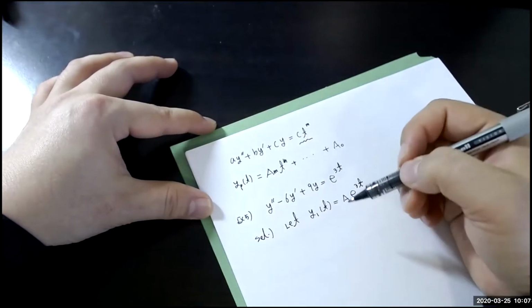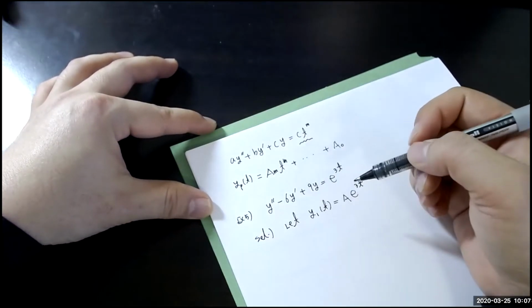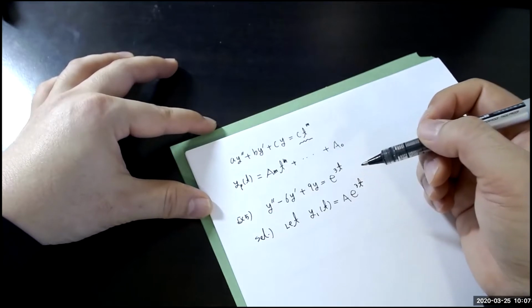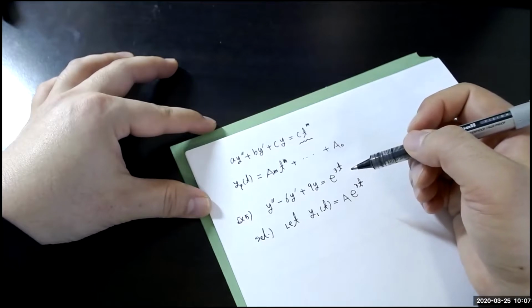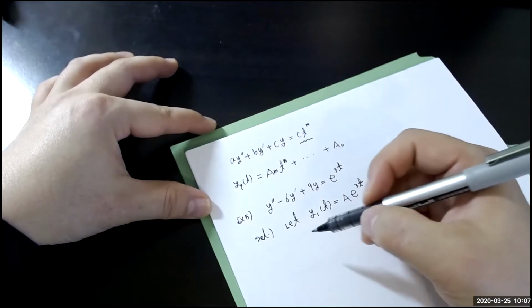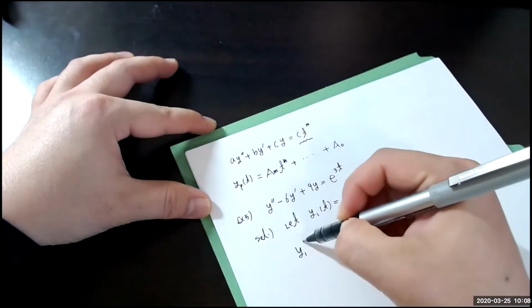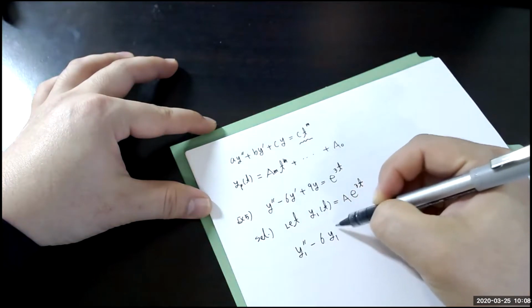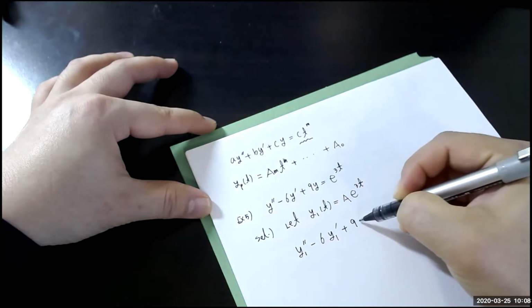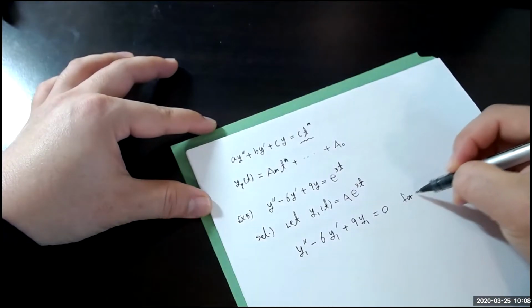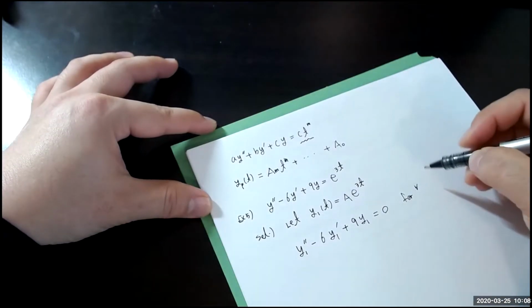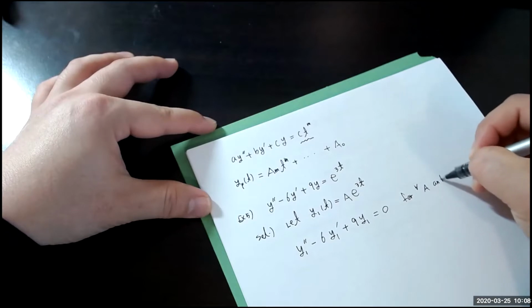And it turns out that y1 cannot satisfy this equation, because we got y1 double prime minus 6 y1 prime plus 9 y1 turns out to be 0, for any a and for any t.